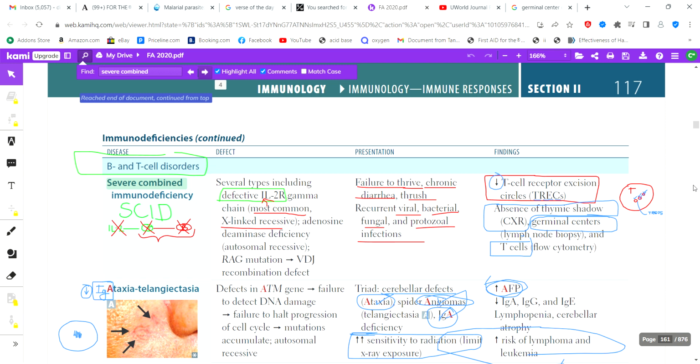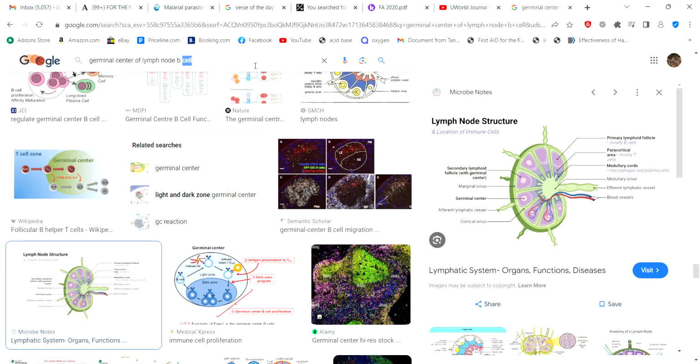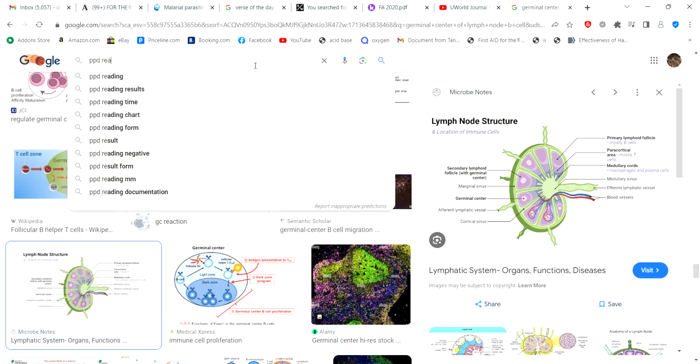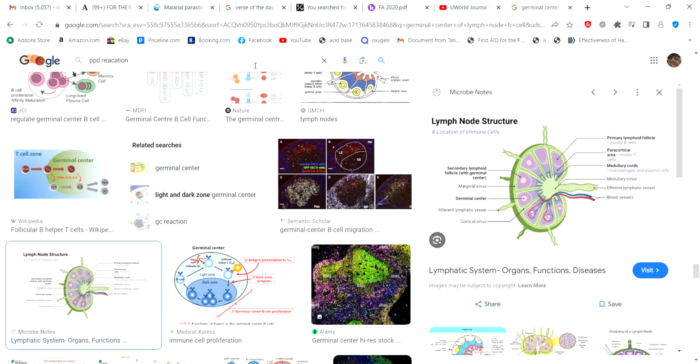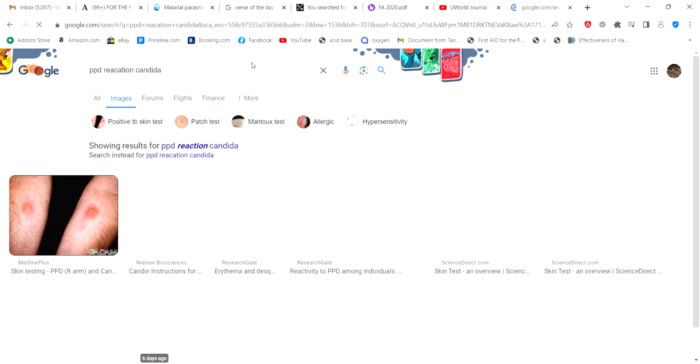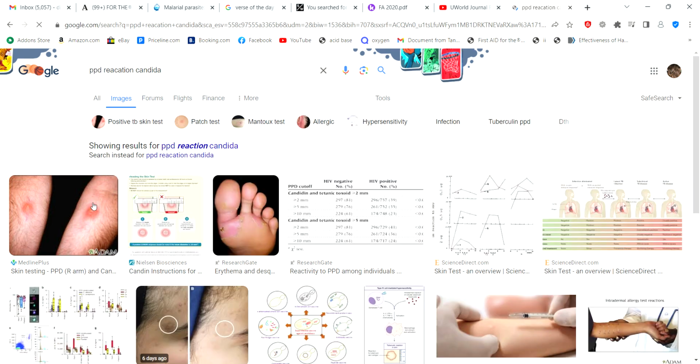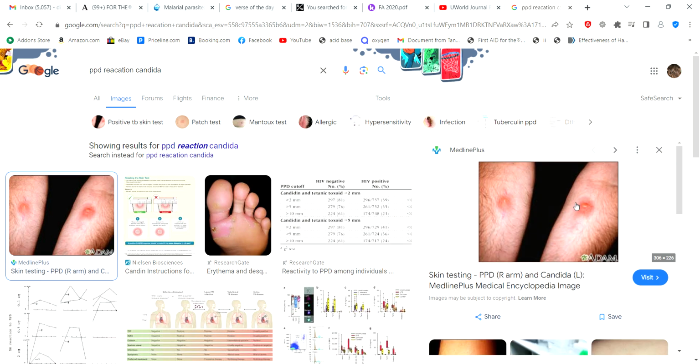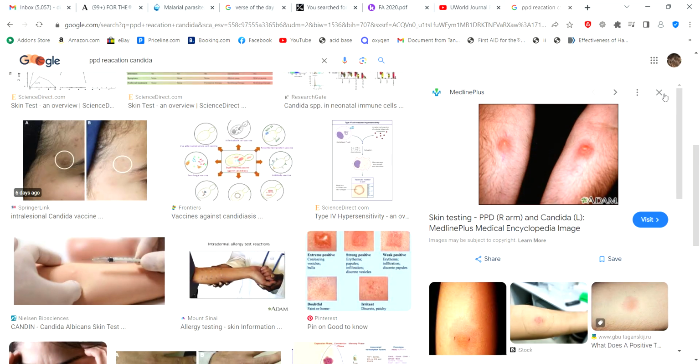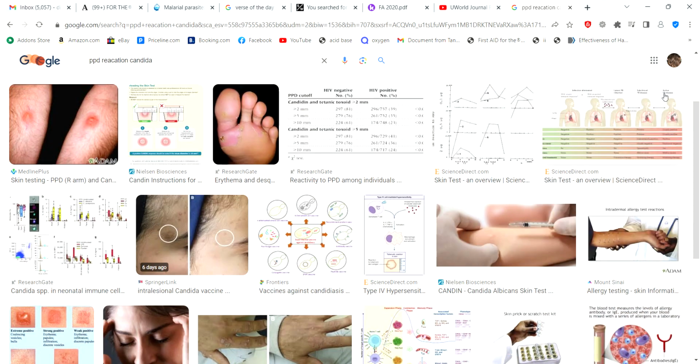So basically, in healthy patients with a proper immune system, you will have a DTH reaction to Candida. This is a normal reaction. Somebody with SCID won't have this because they have no T cells.